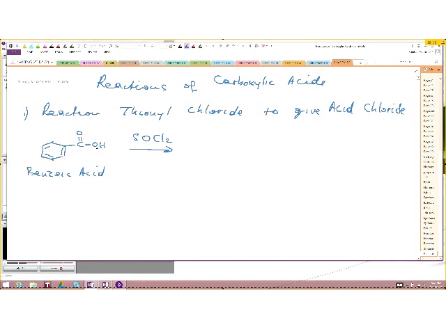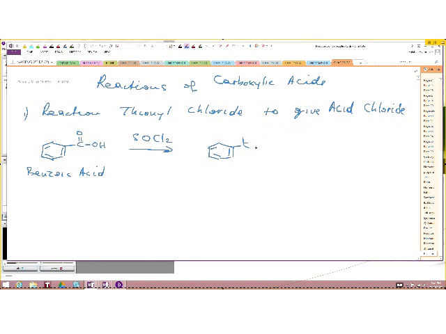What happens, the thionyl chloride will replace the hydroxy of the carboxyl group. Remember when we reacted the thionyl chloride with an alcohol, what do we get? Remember the thionyl chloride with alcohol? We get a chloride, exactly. So something similar is happening here.